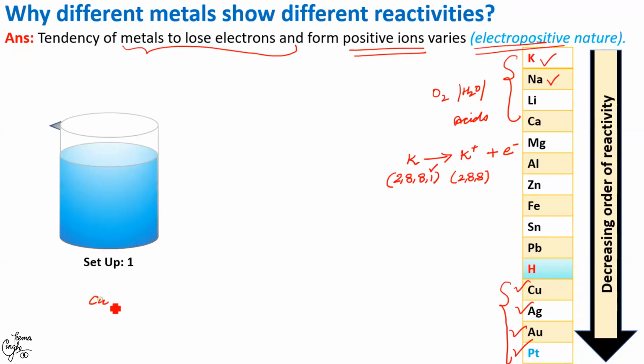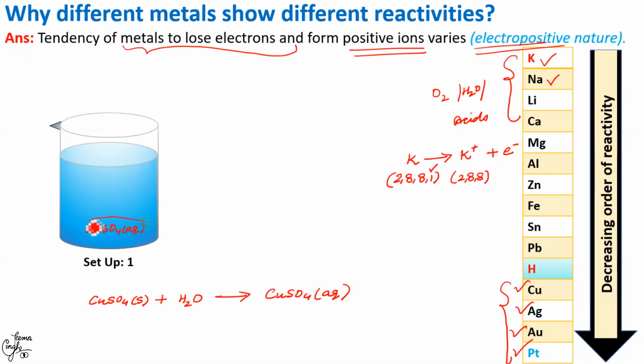You will have copper sulfate in solid form, and when you add it to water, it will dissolve and you will have copper sulfate solution, or the aqueous form of copper sulfate. So this blue color solution is your aqueous copper sulfate solution.